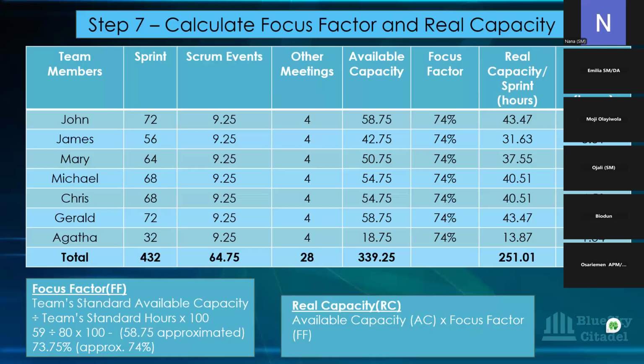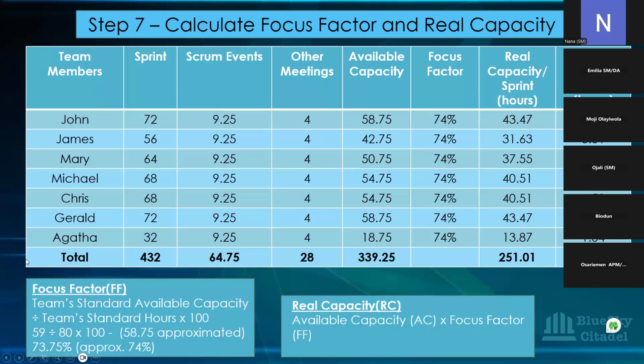Okay, and that was why their sprint time came down to 72, because the only thing removed from that 80 is the 8 hours of the bank holiday, and then we're removing the scrum event time and the other meeting time to come to this 78.75. So if you approximate that, it will be 79 divided by 80, which is the standard hours that they do at work, multiplied by 100.